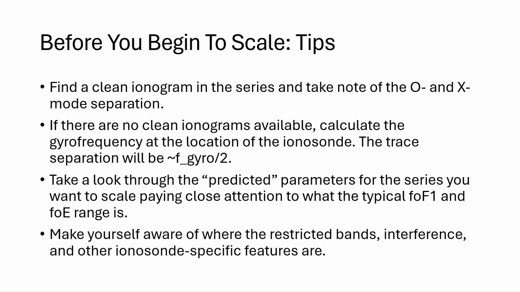Next up, as Ivan mentioned quite a bit, be aware of the predicted values, or what the ionosphere should normally look like at the station you're looking at. foE and foF1, even during large geomagnetic disturbances, are very stable, or at least the solar production version of them. Obviously, there are exotic features like sporadic E that can make that more complex, but in general they're very stable.